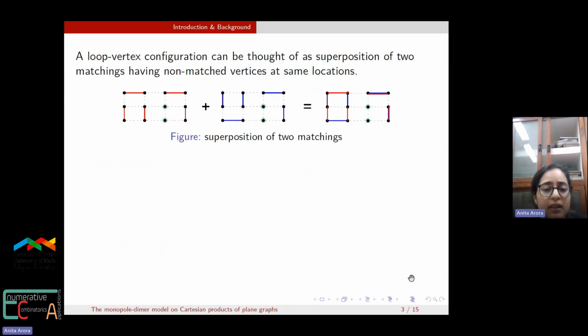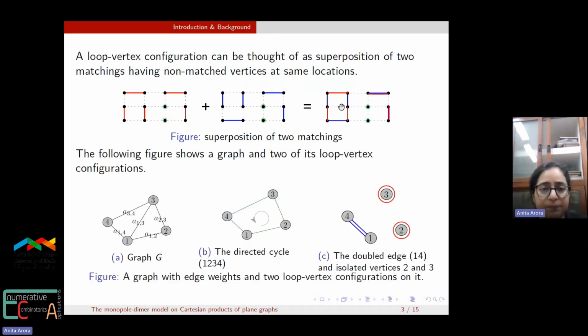Let us see a loop vertex configuration through an example. Consider two matchings, a red one and a blue one, over the grid graph with unmatched vertices at the same location. When we superimpose them, we will get a structure like this. And this is a loop vertex configuration with the condition that each cycle of length strictly greater than 2 has a direction, either clockwise or anti-clockwise.